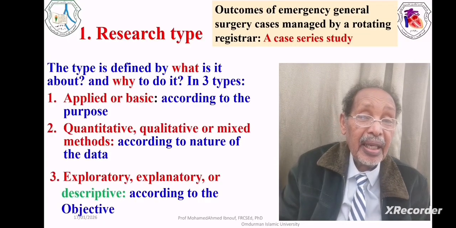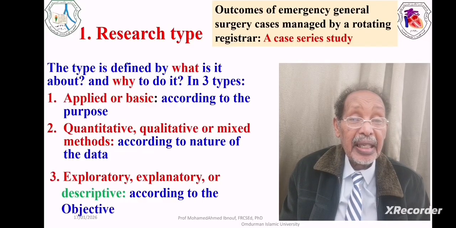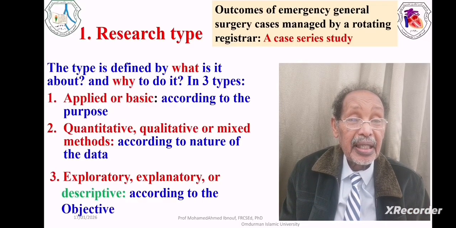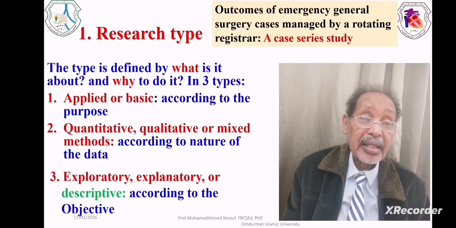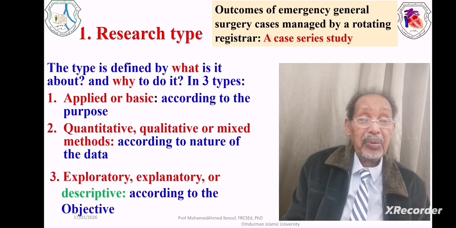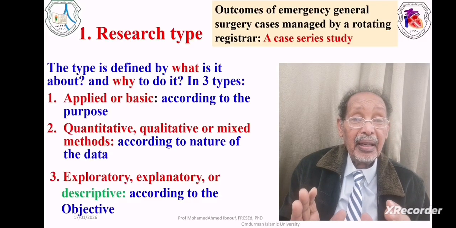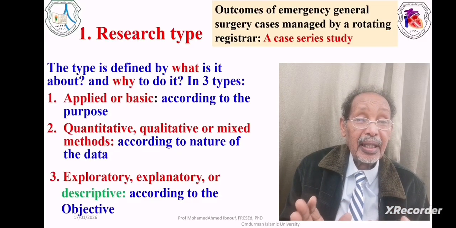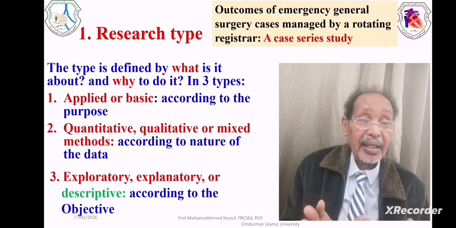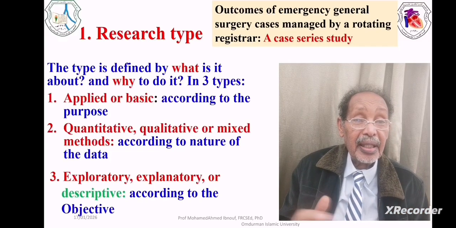Here, outcomes of emergency general surgery cases managed by a rotating registrar, a case series study. Now we are describing a design, case series. This is how we structure this research, in a case series.